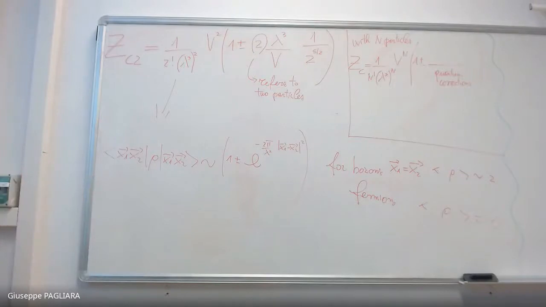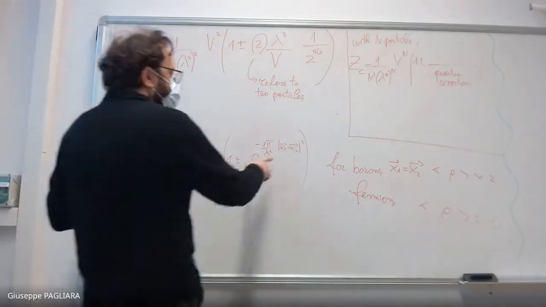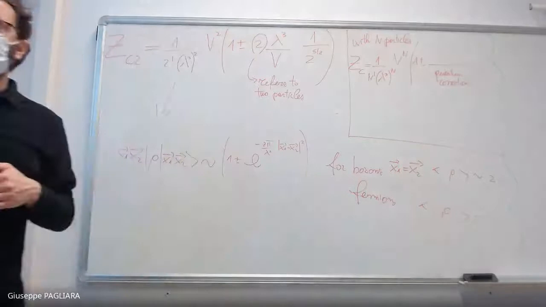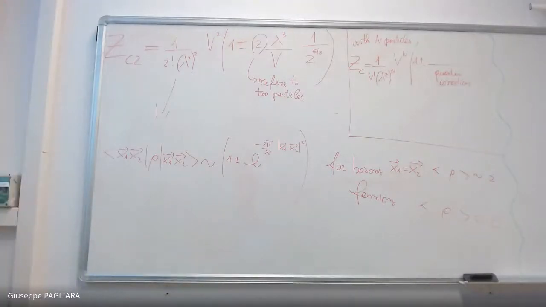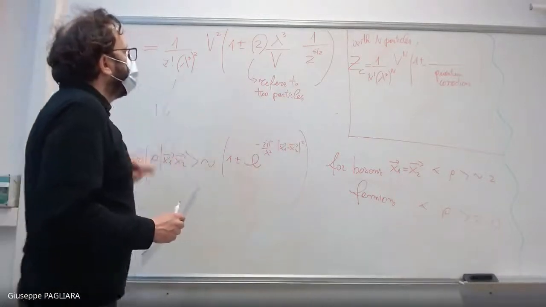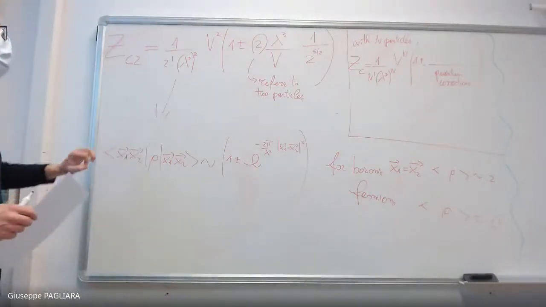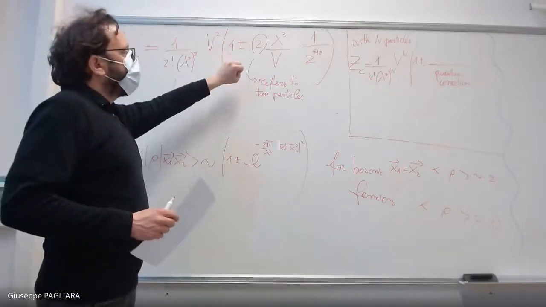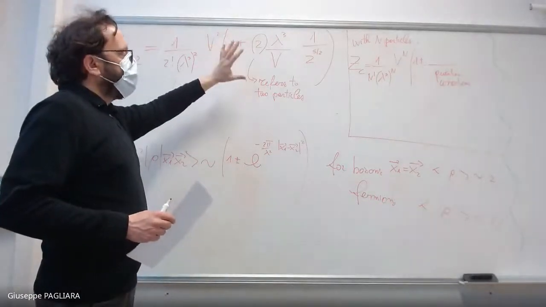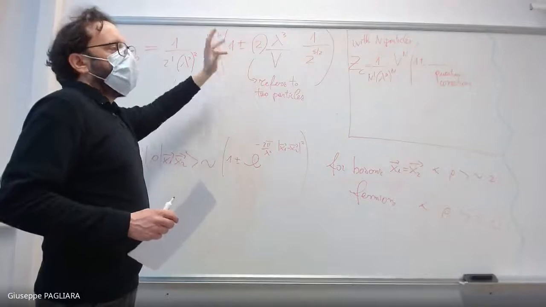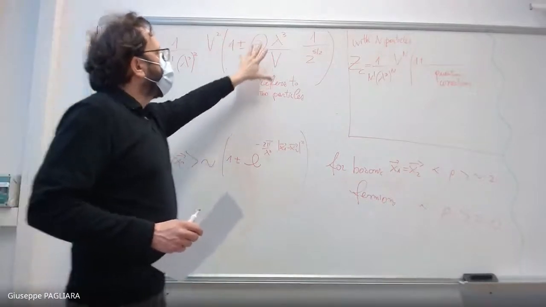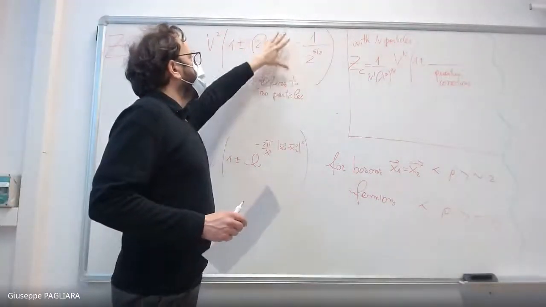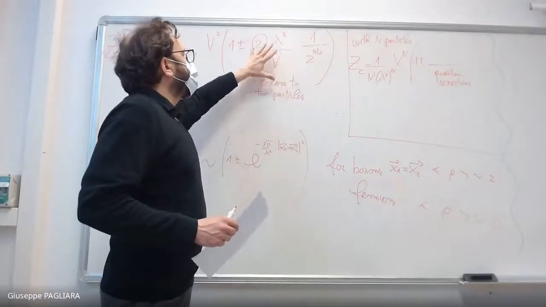Whereas for fermions, it's just the opposite: fermions cannot be in the same position. And there is a sort of interaction that can be seen already at this level. The exchange and the symmetrization of the wave function is encoded in this correction.